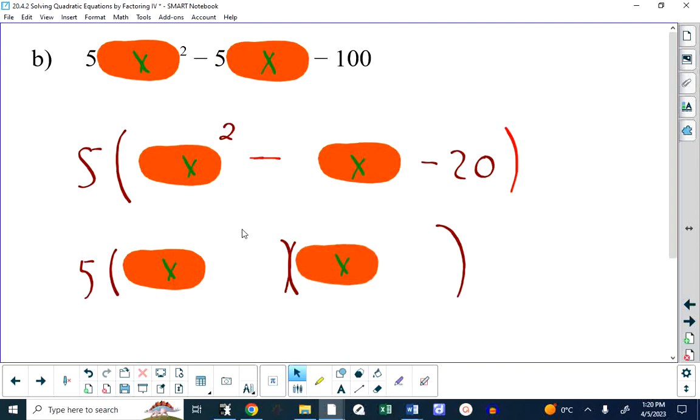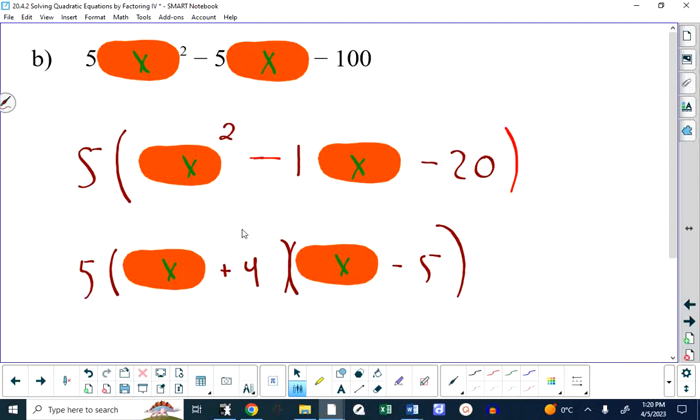And I, by the way, be very clear. I'm not saying this is how you're going to do these problems. I'm trying to show you that you know how to do them. And then you would say what two numbers multiply to give negative 20 and add to give negative 1. That's negative 5 and positive 4, right? Okay. Well, let's give our heads a shake and come back to reality.